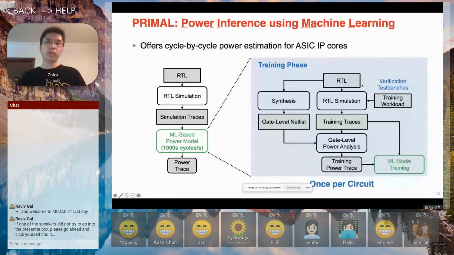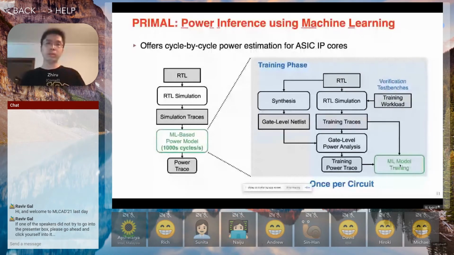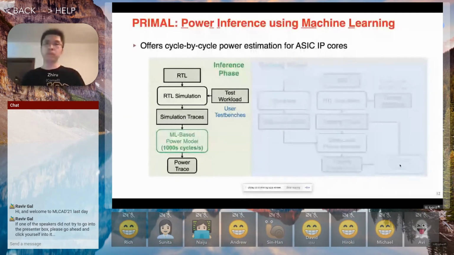And we also go all the way into gate level power analysis. With this data, with these traces, we train an ML model. This is done once per design, for this reusable IP core. Once we have this ML model trained, we can start doing the inference using the realistic user test benches.